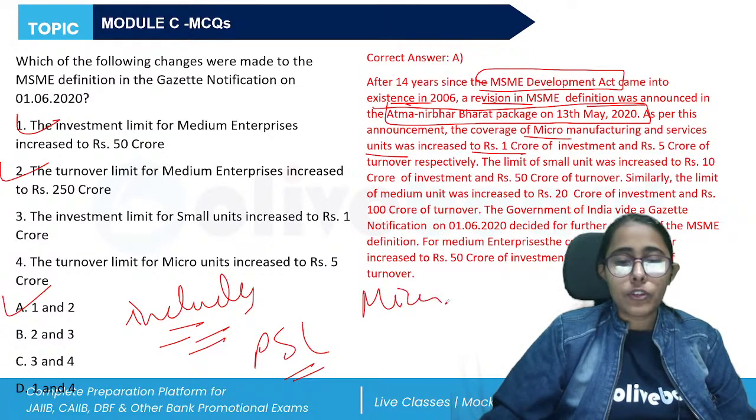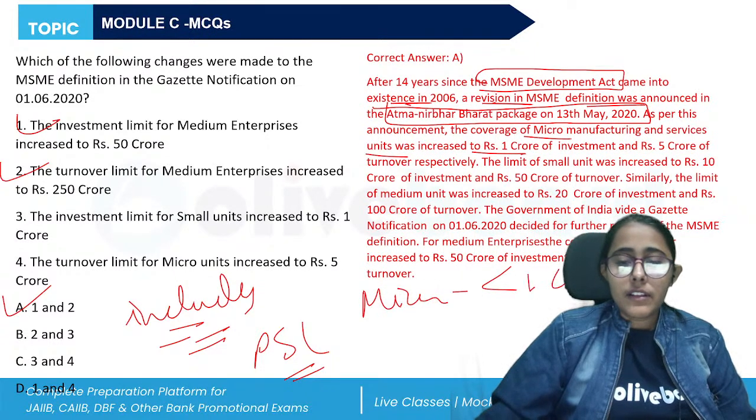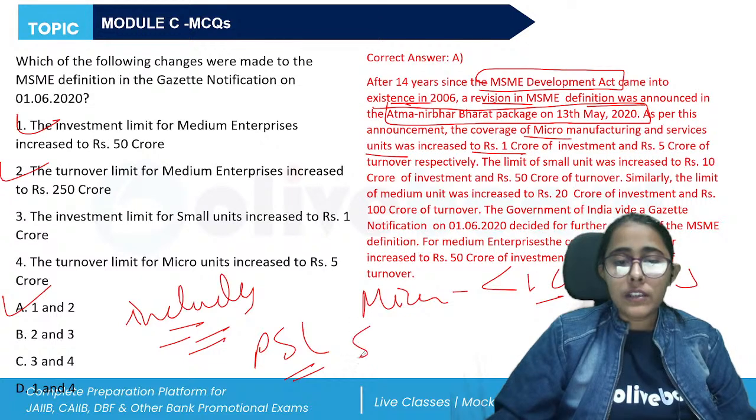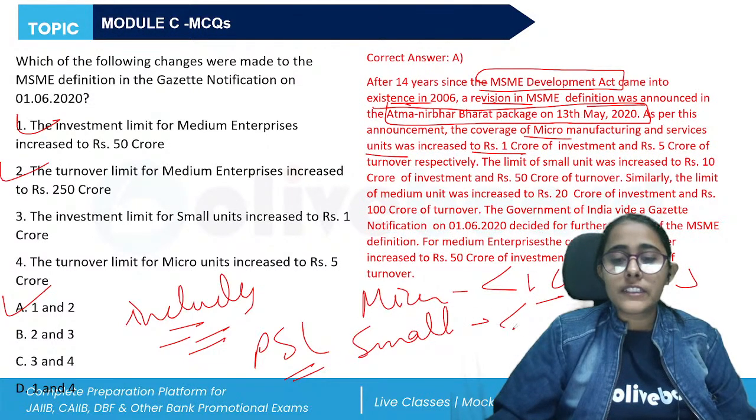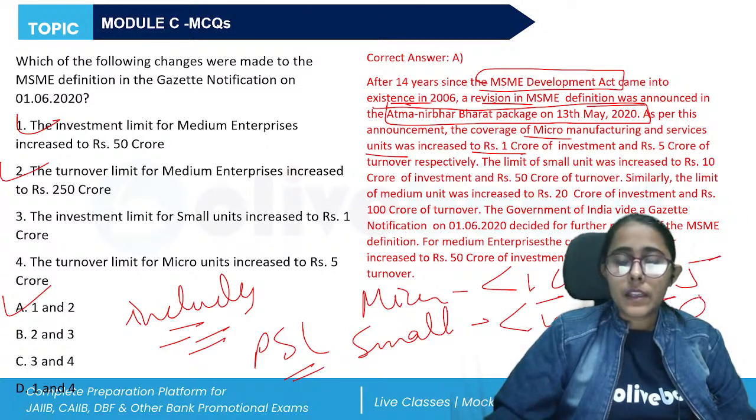So for the micro, it was less than 1 crore for the investment and turnover of 5 crore. For small, the investment was increased to 10 crore and the turnover limit to 50 crore. So 1 and 5, 10 and 50. And for the medium, it was increased to 20 crore and the turnover was 100 crore.